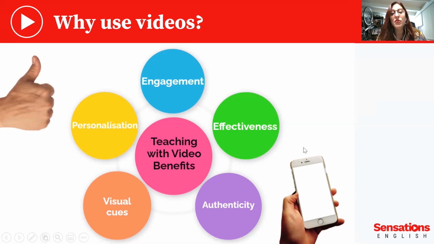Now, the next benefit is visual cues. And visual cues are essential. We talked about how much faster the brain processes visual elements and how much more engaging they are. But visual aids in general, whether it is a moving image like a video or just a picture, aid comprehension and improve retention.